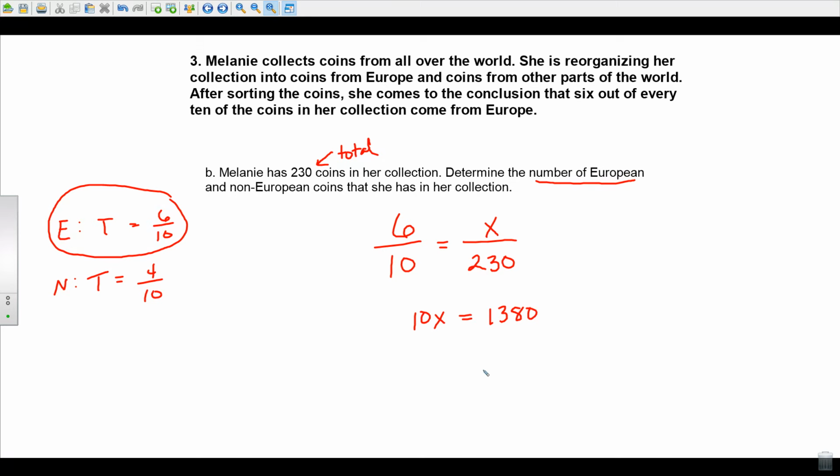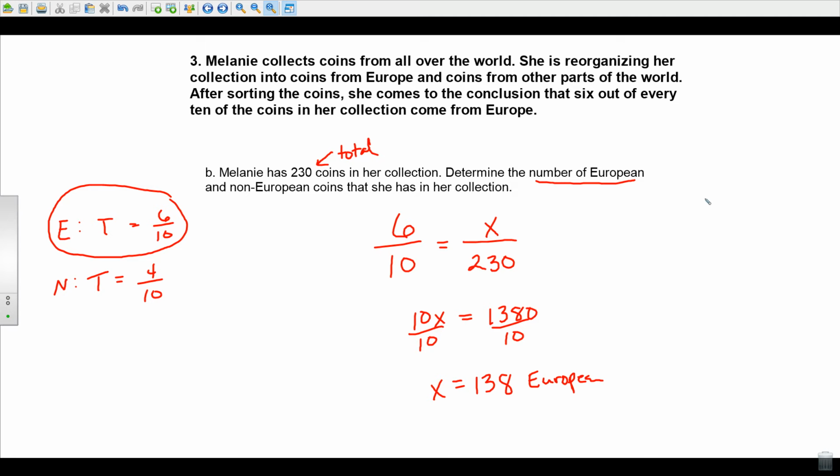These cross products have to be equal. So now I have an equation with my variable that I want to solve for. Divide both sides by 10 to solve for the variable. And you'll find that there are 138 European coins.